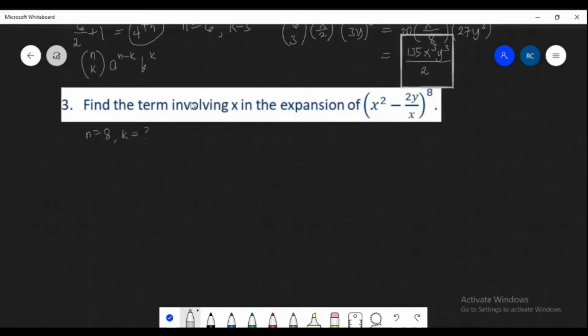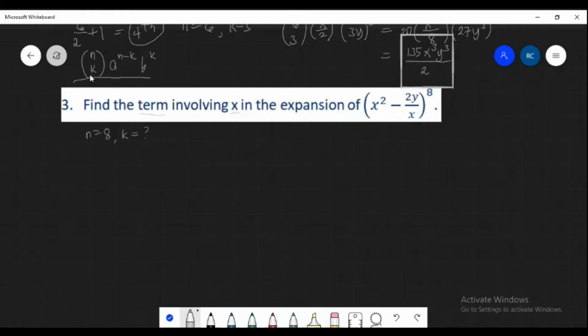Value of k, kasi hindi natin alam kung pang ilang term yung may x. Alam din natin yung formula ay ganito. Try natin i-substitute. Ang objective natin dito, when we multiply this, ang exponent dapat ng x ay 1. Yun yung pinaka-objective natin dito.